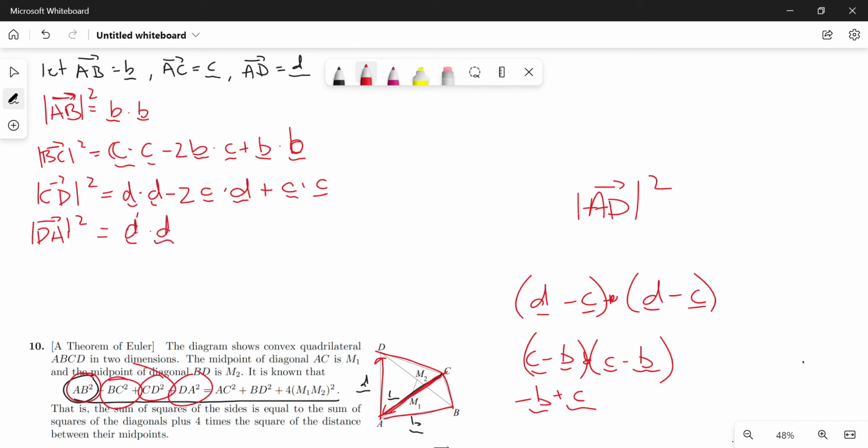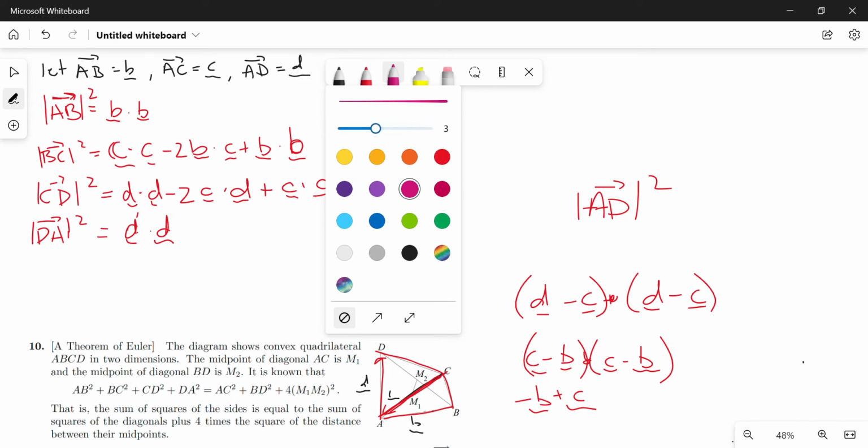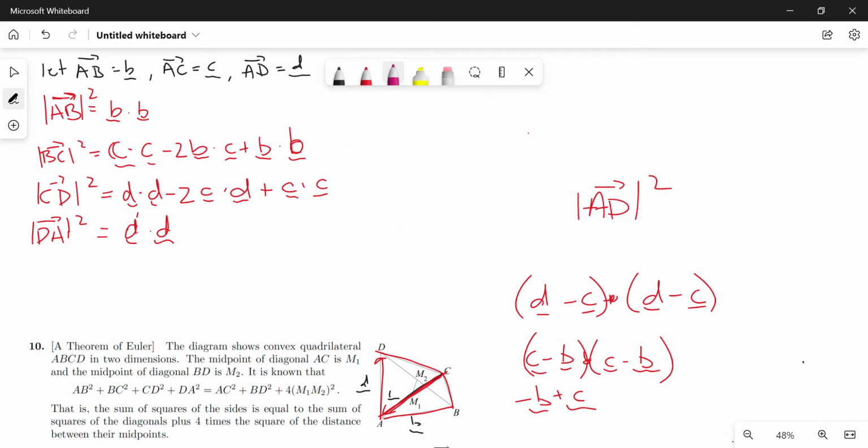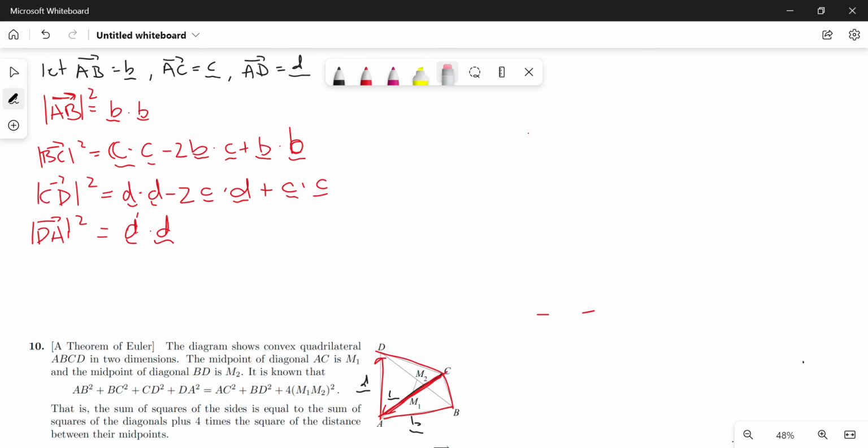Okay, if we've got all those, let's also make sure we've got our right-hand sides ready. Let's do that in another colour. First thing we want to look at is AC squared, so we'll do it the same way.